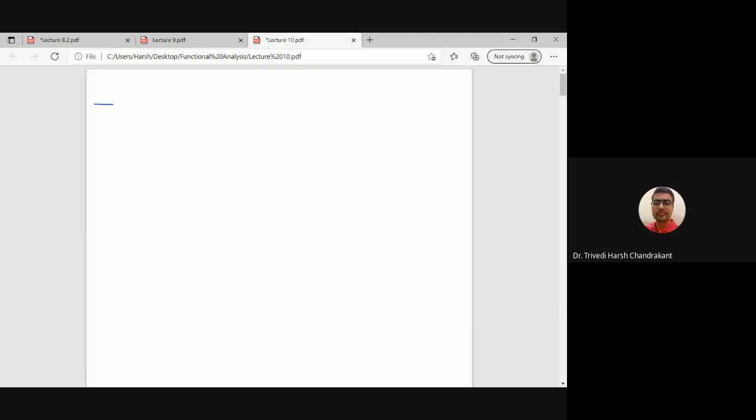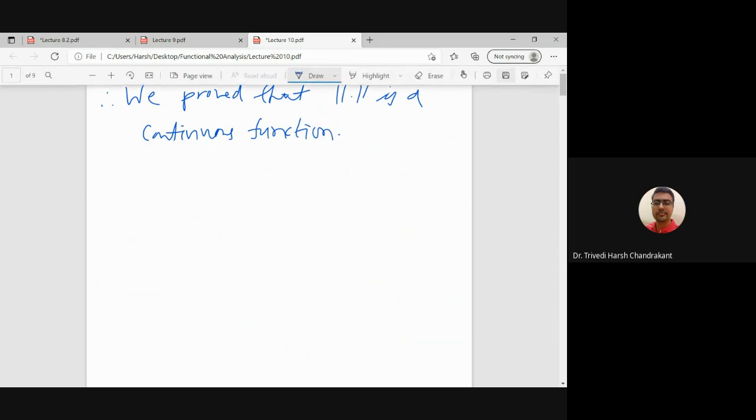So another property we also get. Here what we proved is, therefore, that norm is a continuous function. What do we mean by norm is continuous?